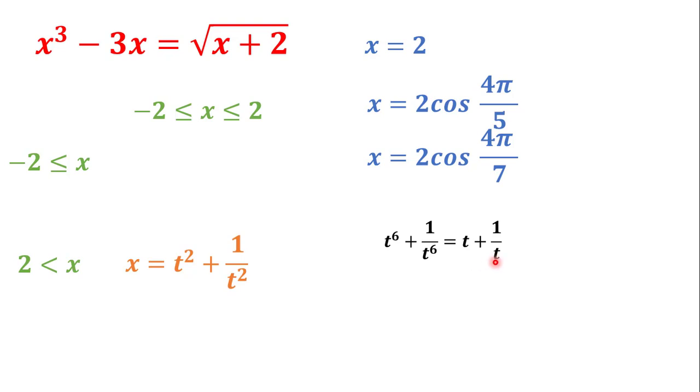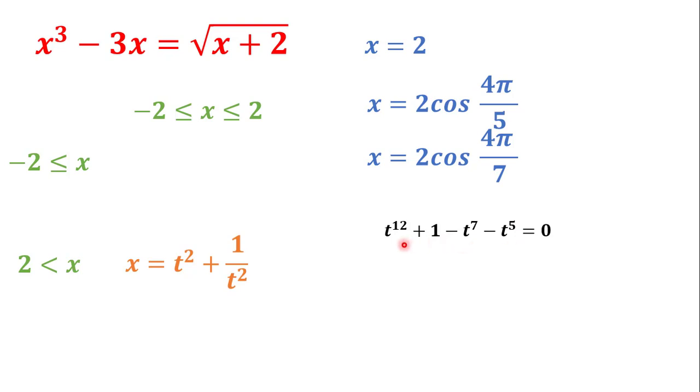We can move these two terms to the left hand side, and we're going to get this expression. We can multiply all terms by t to the power of 6. And we're going to get t to the power 12 plus 1 minus t to the power 7 minus t to the power 5 equals 0.